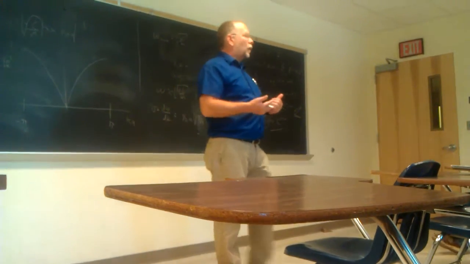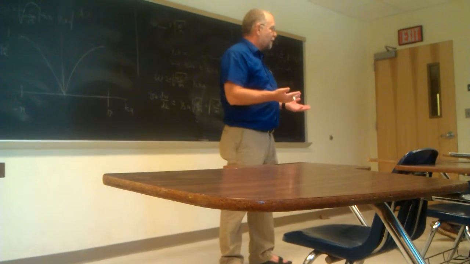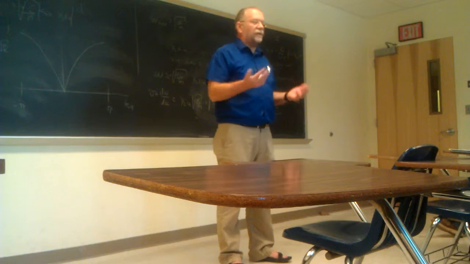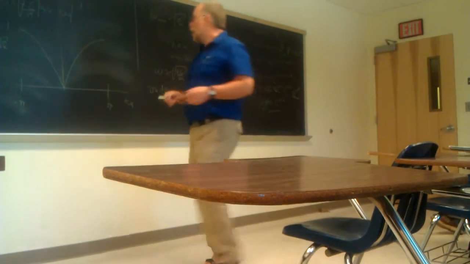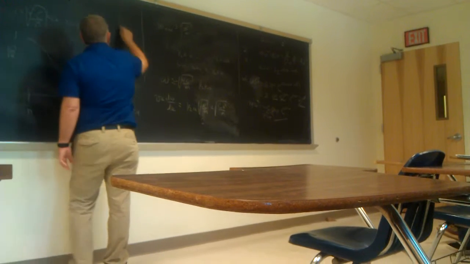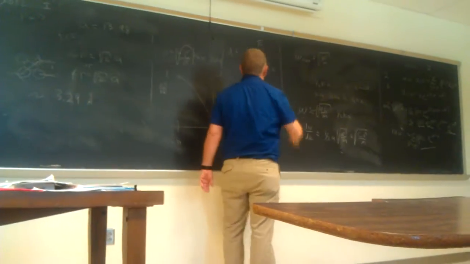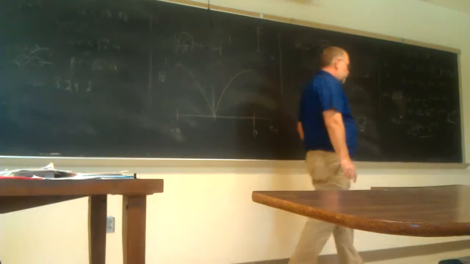And rather than the dispersion relation, it is now called the bands. So rather than omega versus k, now you have energy versus k. And so now you have these bands.